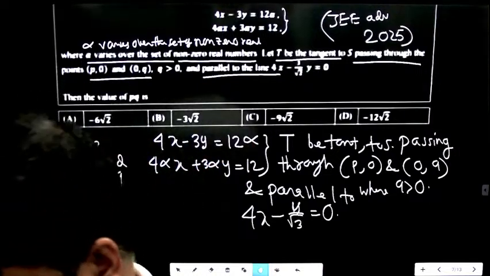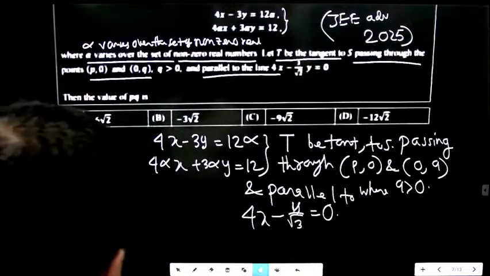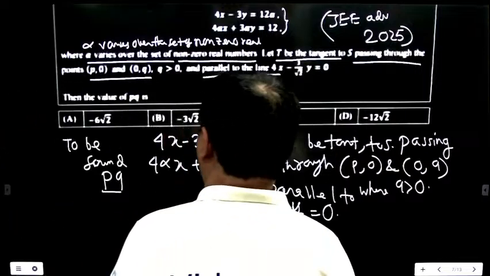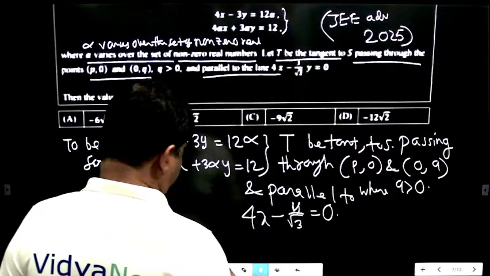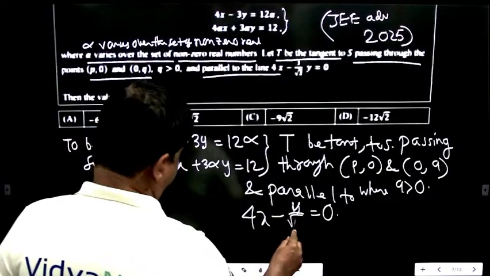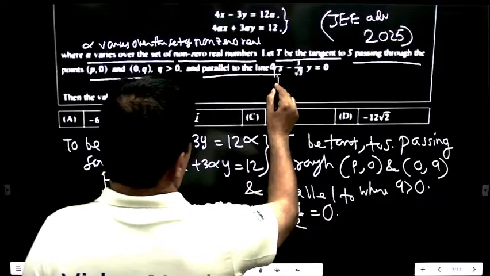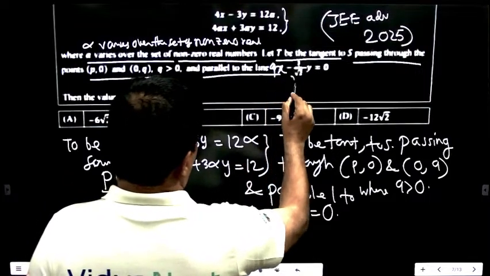How to do that? Just wait. That is root 2, 4x minus y by root 2.